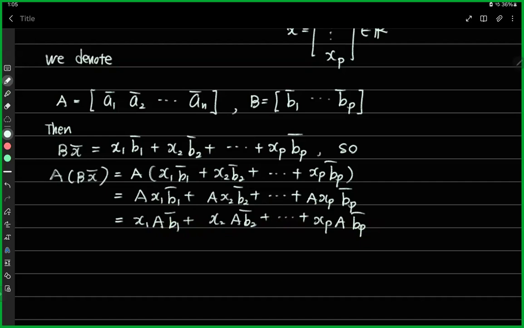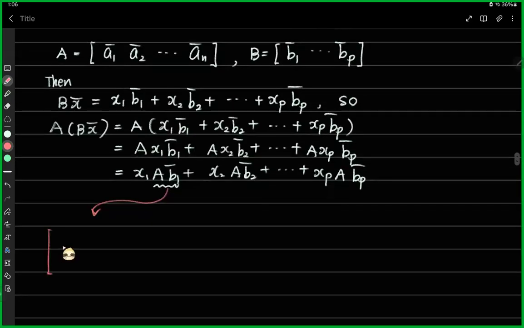So what do we get? What's this? A times b1 bar. A is a1 bar, a2 bar, through an bar, this is matrix A, and b1 is b11, b21, through bn1.